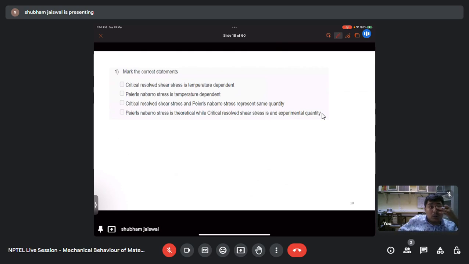In the quick recapitulation also we have seen what are the similarities and differences between the critical resolved shear stress and Peierls-Nabarro stress. You can refer to that and you can easily answer this question.